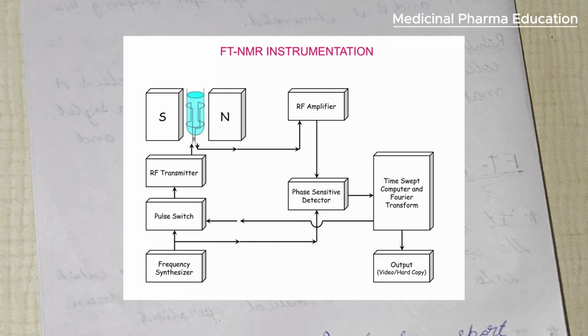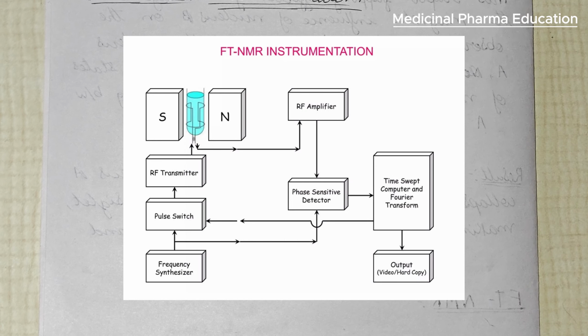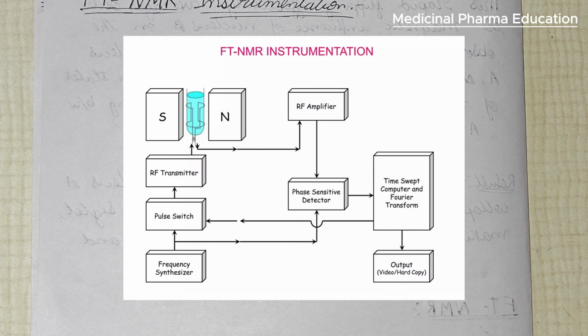We will go through the diagram. I have not drawn the diagram because it's very simple. On the left side, south and north are the magnets. These are very strong magnets which generate the field, and downside we see the RF transmitter. The main function of the RF transmitter is that it sends the radio waves into the sample.